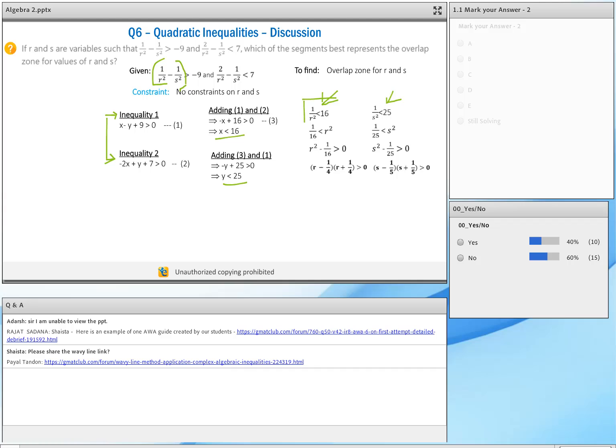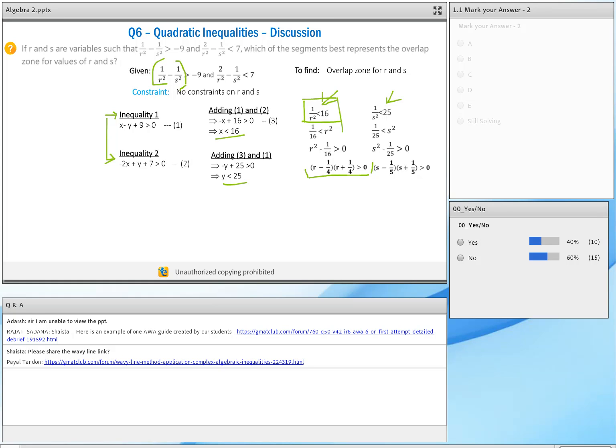Now we have 1 by r square is less than 16. I can convert that into my simple quadratic inequality here. This is your a square minus b square equals a minus b into a plus b formula that you're applying here.